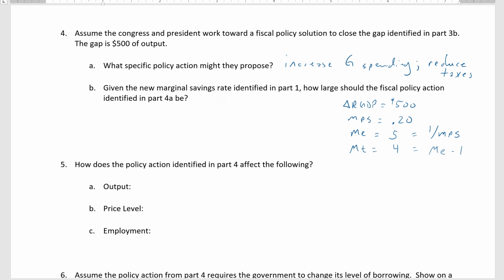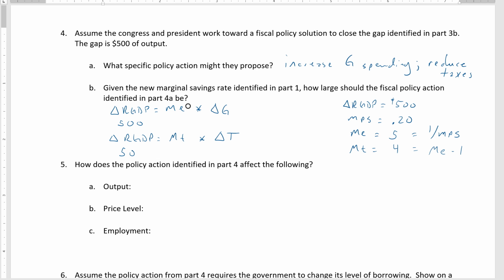Now, if we go back over here and I remind you of the formula: your change in real GDP is equal to the expenditure multiplier times the change in government spending, or your change in real GDP is equal to the tax multiplier times the change in taxes. All right, so we want GDP to change by 500.